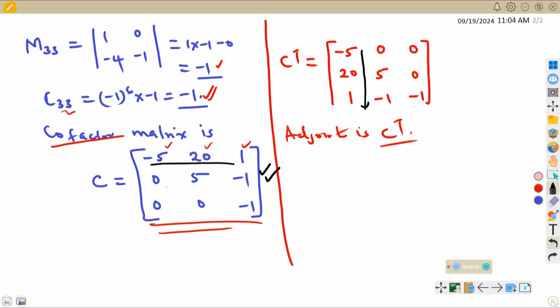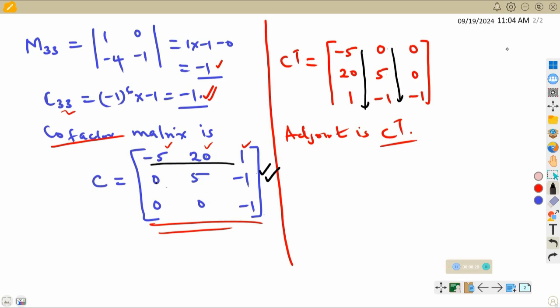So this was -5, 20, 1, so it will become the column -5, 20, 1. The second row 0, 5, -1 becomes a column, and the same for the third row.